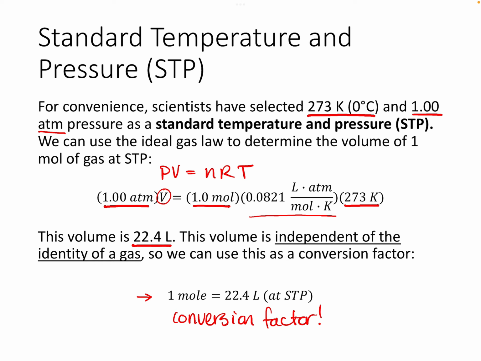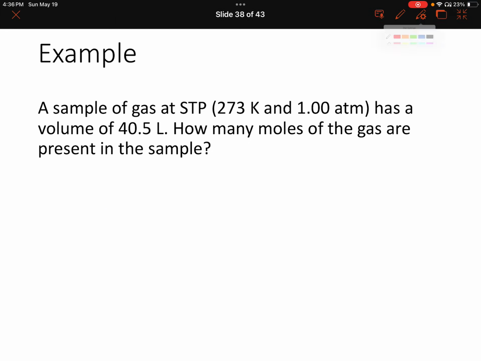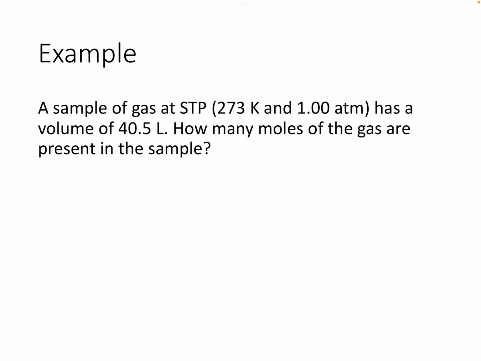For example, let's look at the next slide. Let's say that we have a sample of gas at standard temperature and pressure, STP. So remember, that's 273 Kelvin and 1 atmosphere. And let's say that sample of gas has a volume of 40.5 liters.